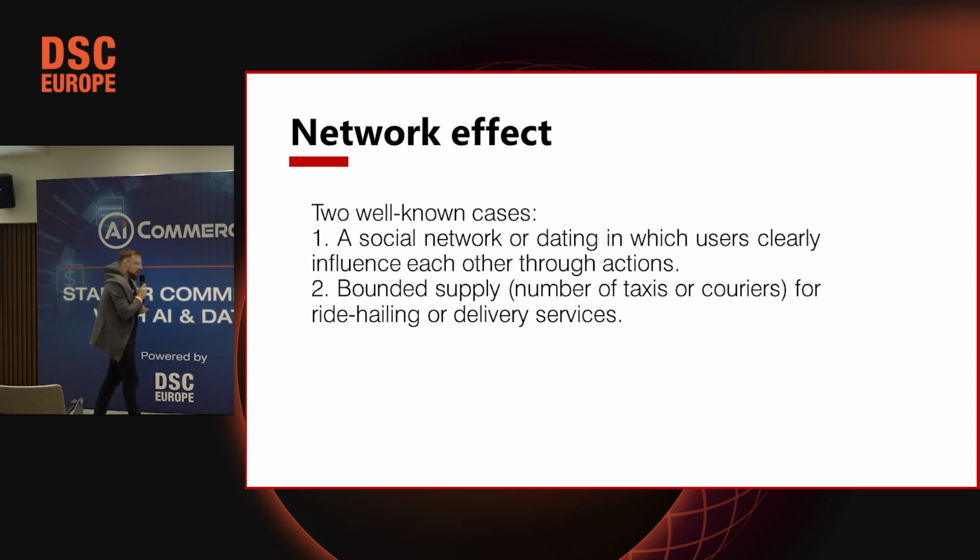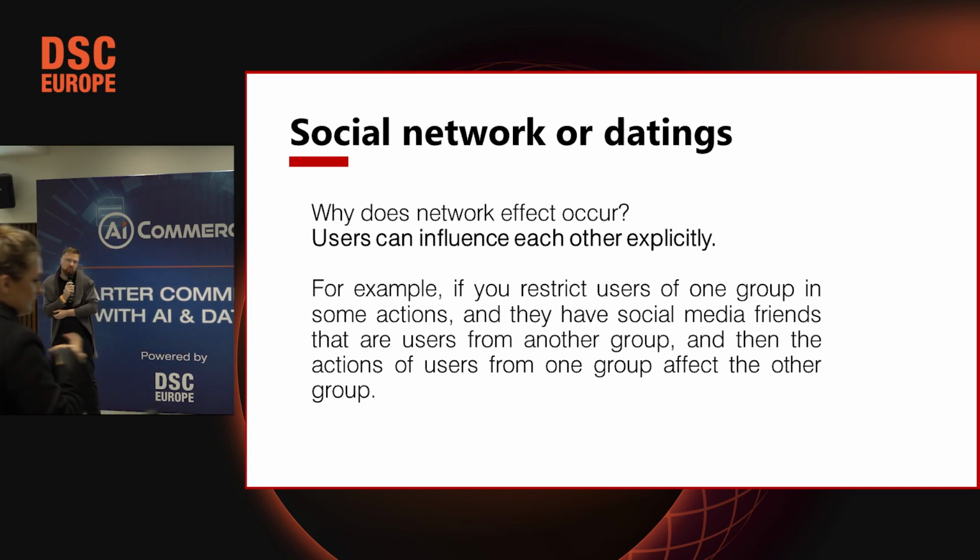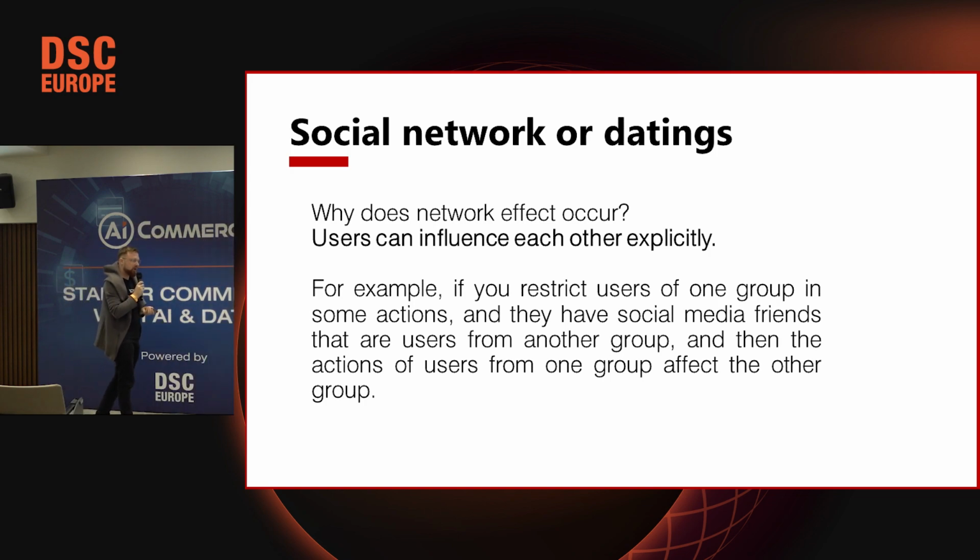So about social networks, of course, we have a lot of information, because the network, as I said before, is the base of a social network. For example, if for group A we show a lot of advertising, and for group B we don't, we can see that group A spends more money for us because we show a lot of advertising.